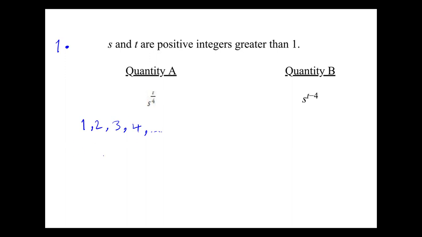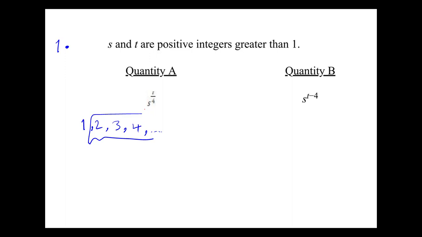Also, 0 is an integer, but it's not positive, and -1, -2, -3, -4 and so on are negative integers. The question asks about positive integers greater than 1, so they are 2, 3, 4, like this. So let's go with positive integers and solve the question.